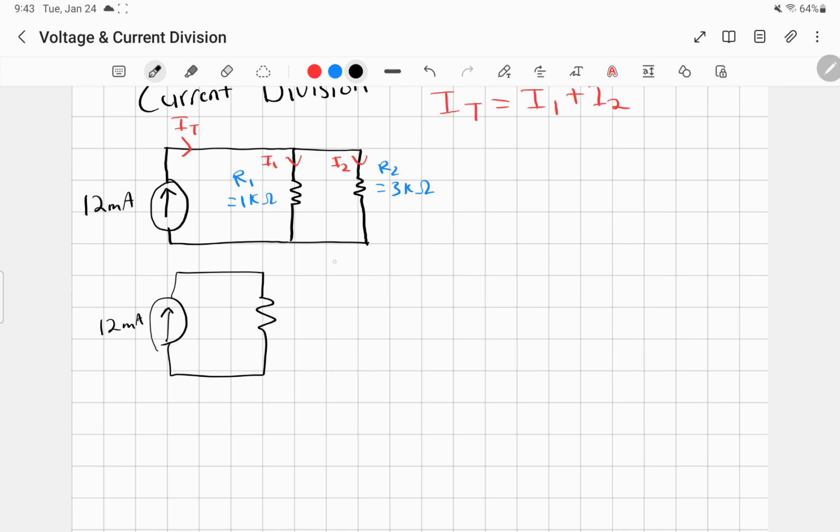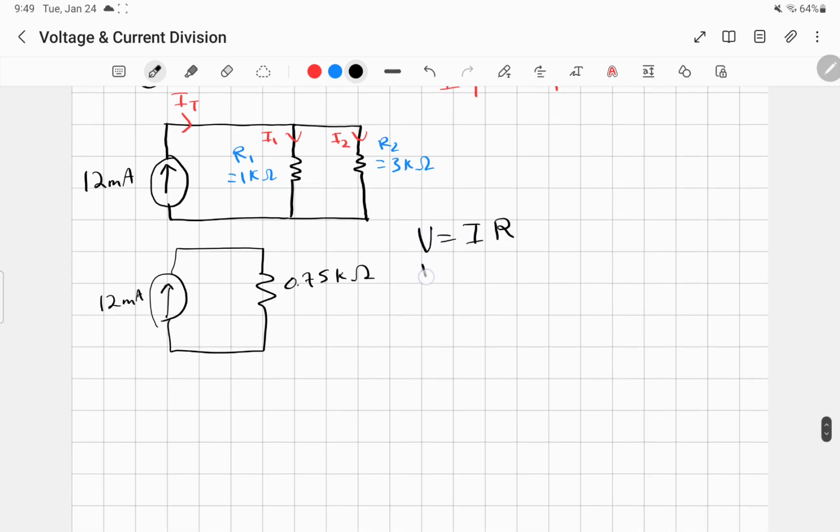We have 1 over 1 plus 1 over 3, all divided by 1, and that's going to be 0.75 kilo ohms. Okay, and then we're going to apply Ohm's law to this circuit. Of course, Ohm's law, we have V equals IR.